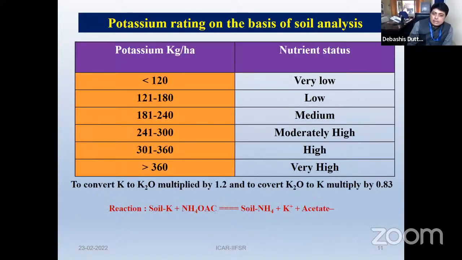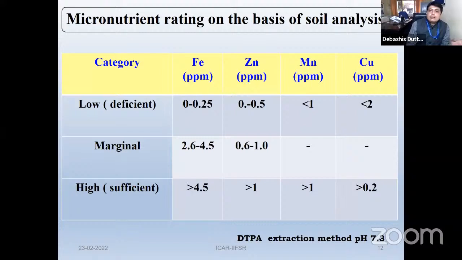And this is potassium, and this is the range of the different important micronutrients in the soils, through which we can easily understand whether the soil is deficient in micronutrients or not. We are very concerned about micronutrients because they play an important role in regulating enzymatic activity in plant metabolic processes.